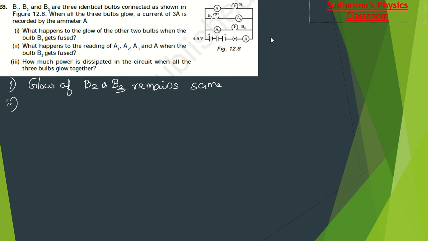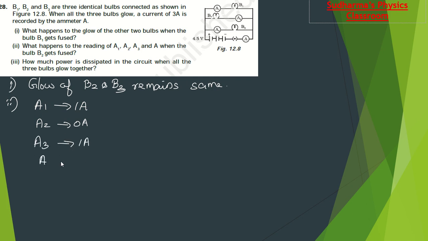Now the current will be divided into 2, right? B2 is getting fused, which means there is no current in the ammeter A2. A1 will have 1 ampere. A2 will have 0 amperes because A2 is the ammeter connected to the bulb B2. And A3 will have 1 ampere.